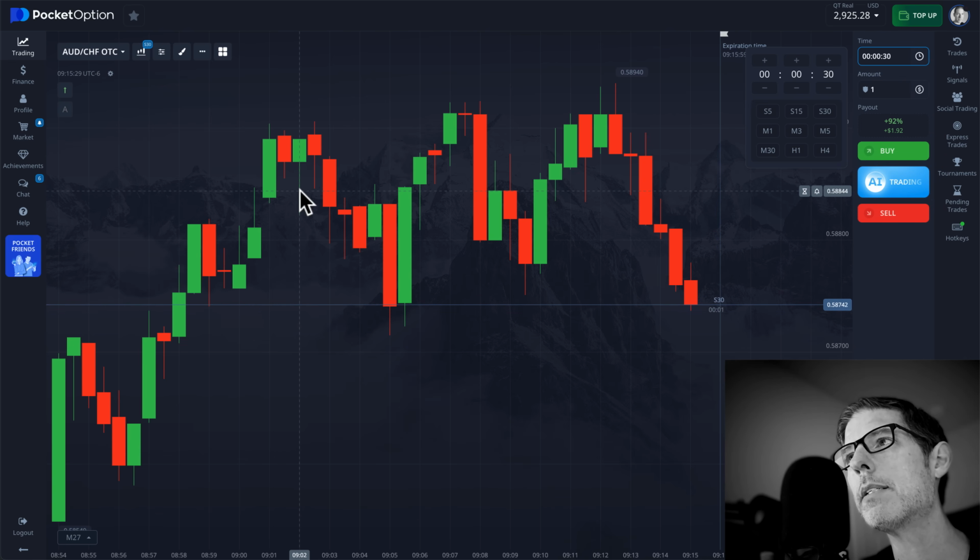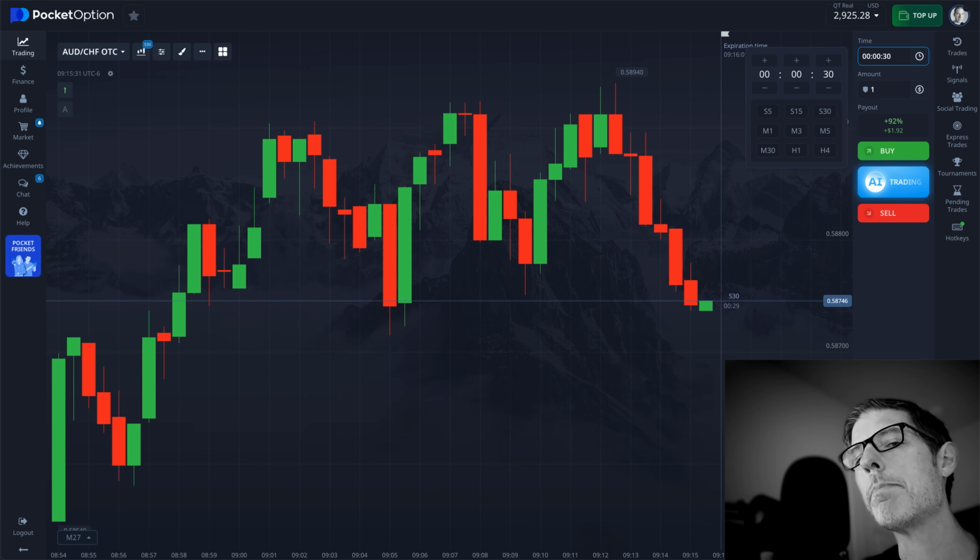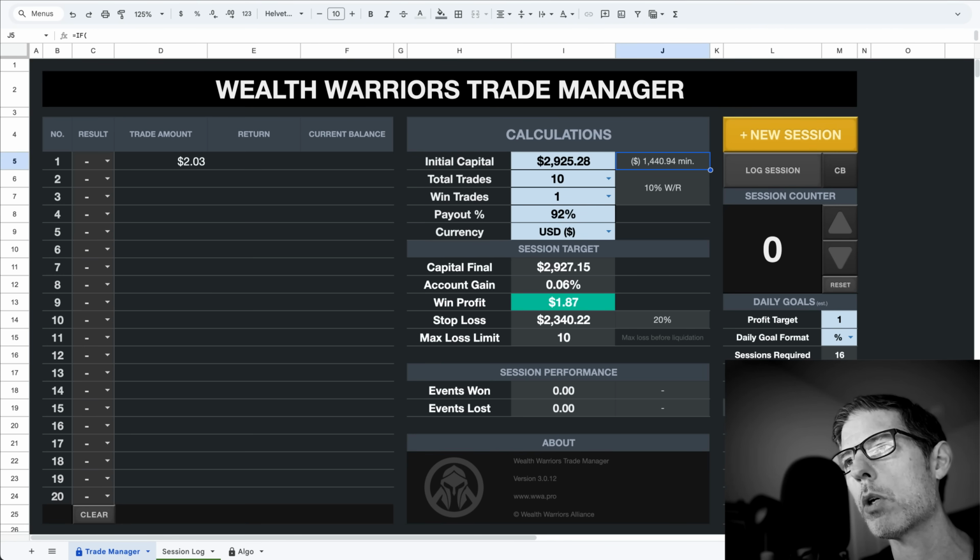And we're going to put it to the test using some of the best trade management tools that are out there, such as the Wealth Warriors Trade Manager. This is how we're going to be taking care of the money management, which I highly recommend, especially if you're going to use the AI trading button. This is a highly advanced calculator with mathematical calculations that allows you to win even if you have losses.